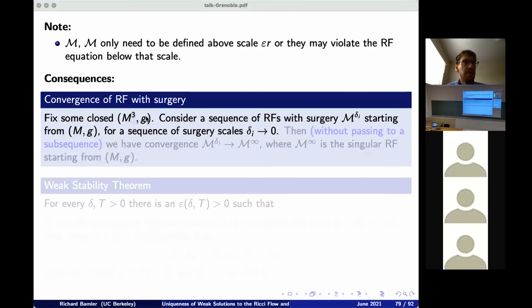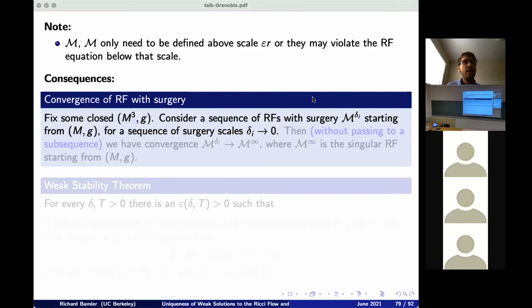Here's a nice result that we get from this. Assume that we have a Riemannian manifold, and we consider a sequence of Ricci flows with surgery. I'll represent them by the corresponding Ricci flow spacetimes, and I'll denote them by M delta i. Delta i should be the surgery scale, and I'm going to let delta i go to 0. So I get these Ricci flow spacetimes that are delta i complete and satisfy the canonical neighborhood assumption above scale delta i approximately.